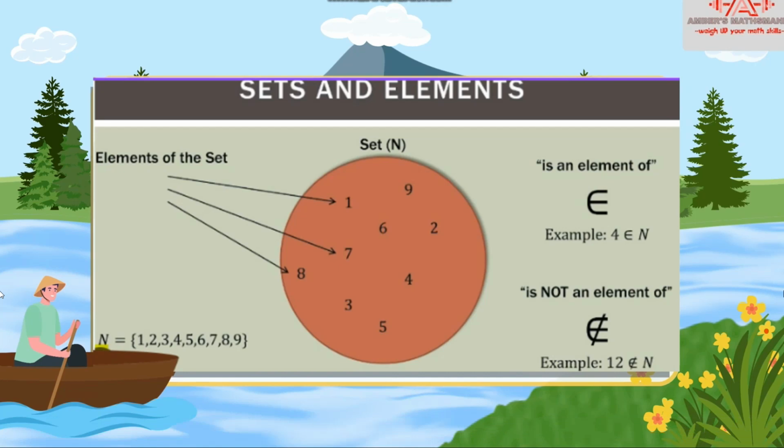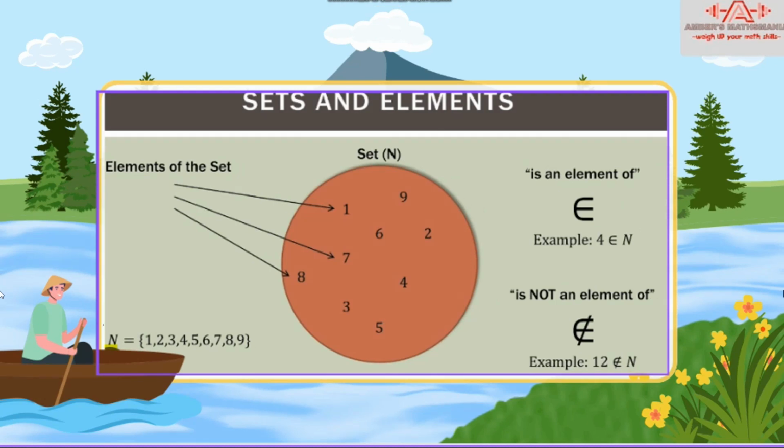Now sets and elements. Here again the concept of belong to and does not belong to is there. To make your concept more clear, I am showing this slide as well. You can see that elements 1, 7, 8, 3, 6, 9, 2, 4, 5 are all elements of set N. So we can write set N is equal to 1, 2, 3, up to n.